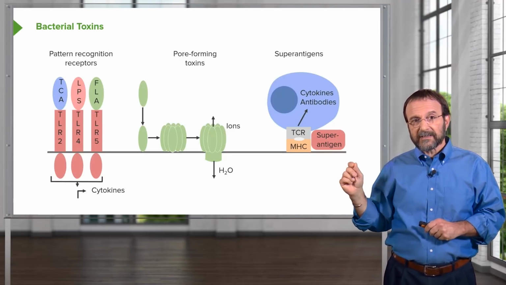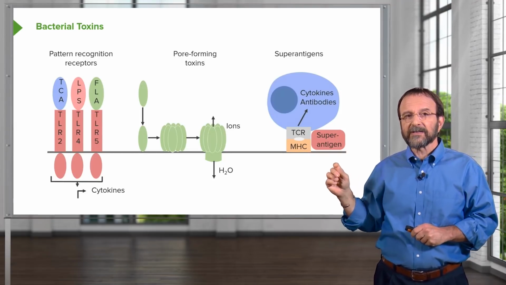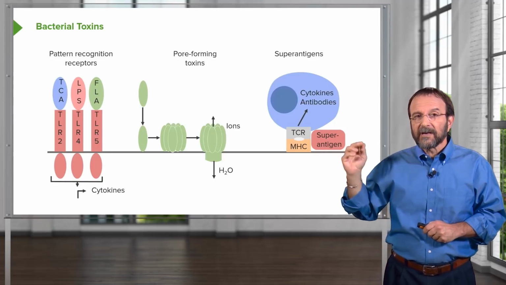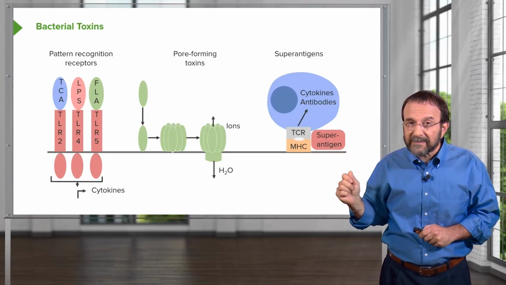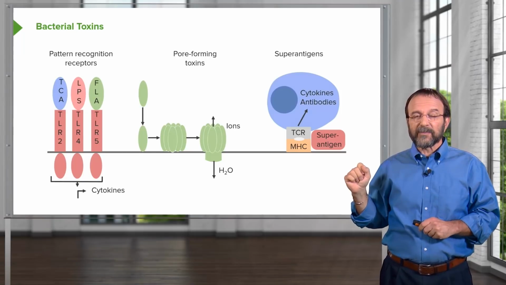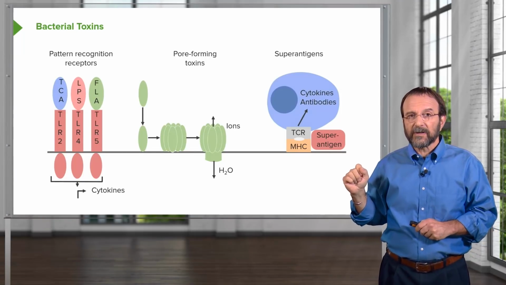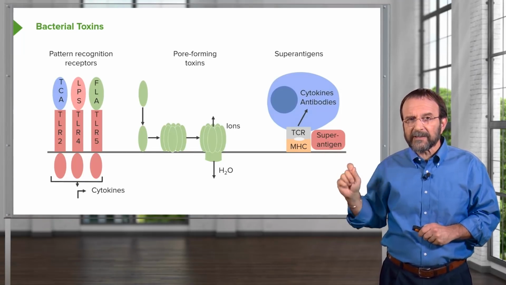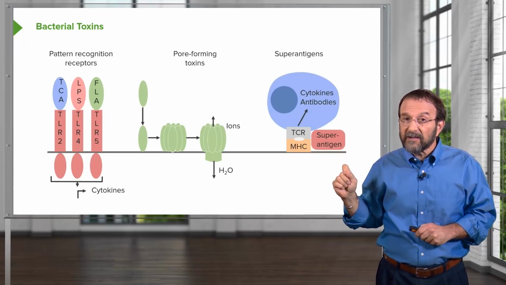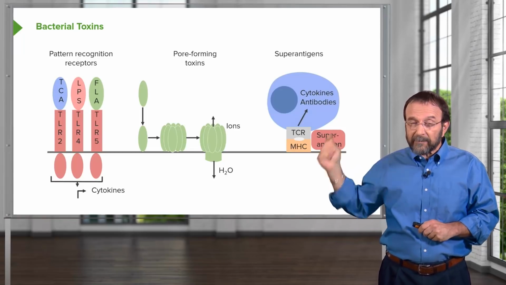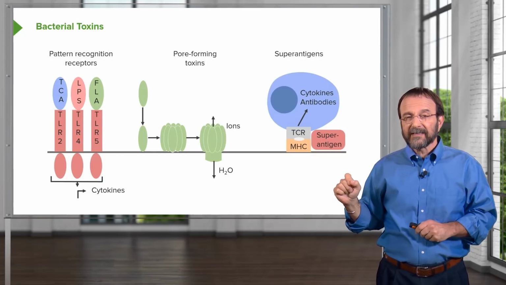So on the left of this slide are 3 pattern recognition receptors, one of which recognizes LPS, that portion of the outer membrane of bacteria that we've just been talking about. Another one, FLA, recognizes flagellin, the protein that makes up the flagella of bacteria that helps them to move.